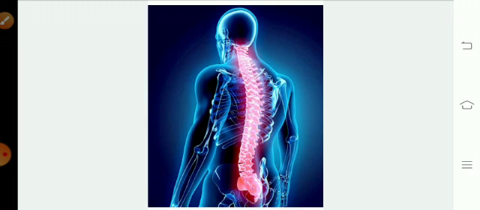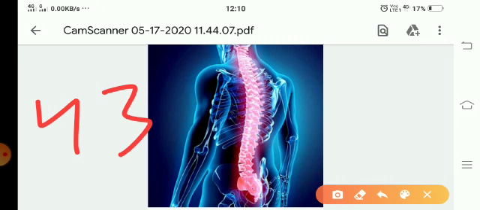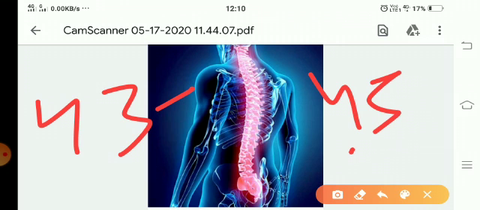The spinal cord is about 43 to 45 centimeters long, approximately as thick as a human finger.